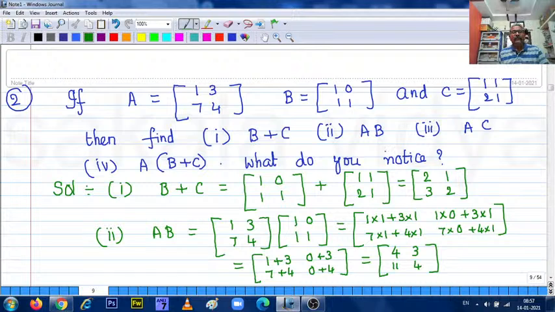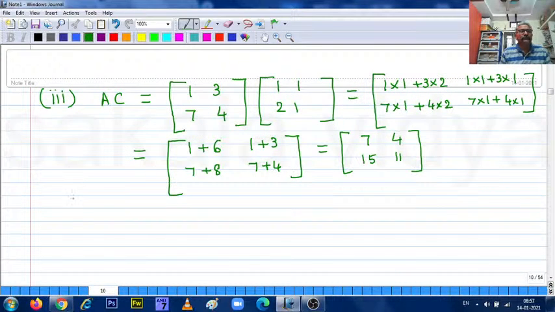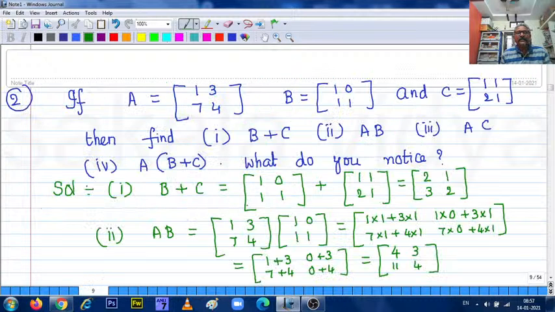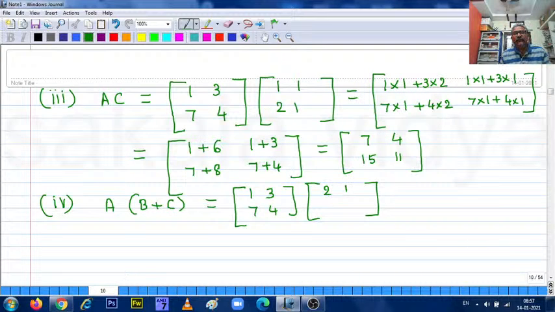Now what we need to find is A into B plus C, the fourth one. A matrix is 1 3 7 4 into the B plus C matrix. What is B plus C? B plus C is equal to 2 1 3 2.